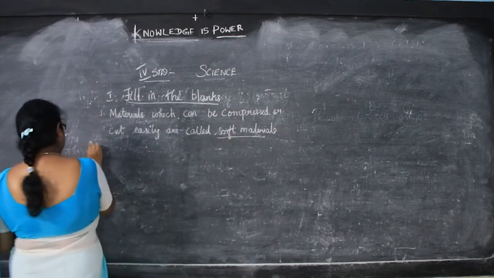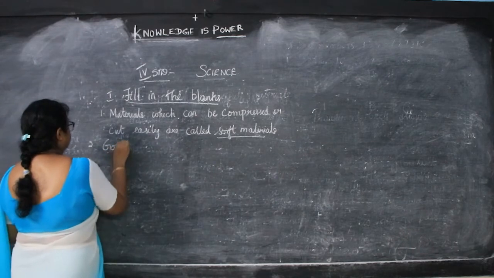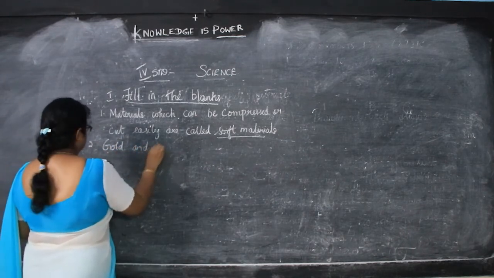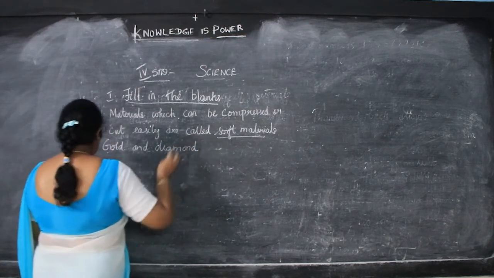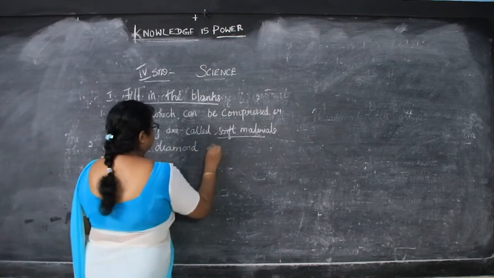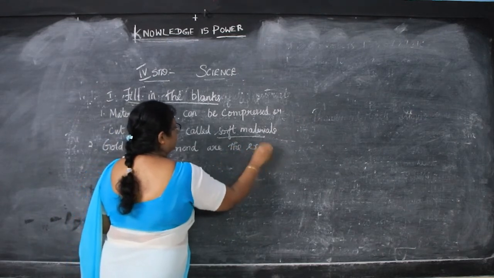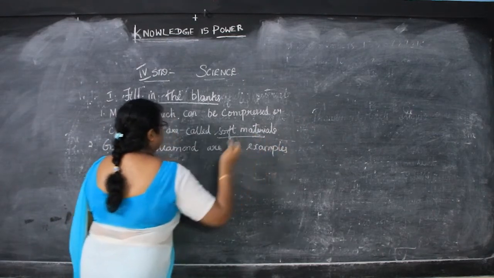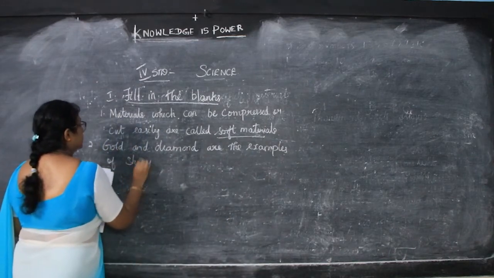Now next is, gold and diamonds are the examples of shiny materials.